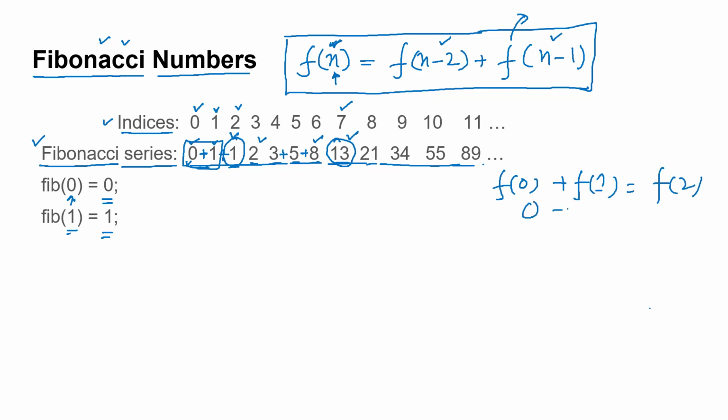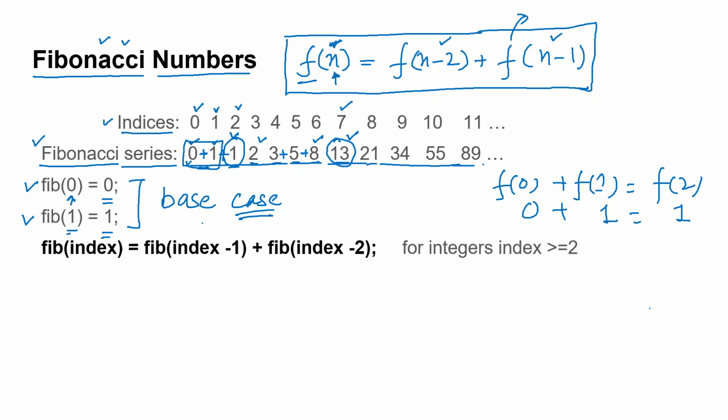This is 0, this is 1, so I know f of 2 is 1. So fib 0 and fib 1 are the base cases. In recursion, we do need something called a base case. In a Fibonacci sequence, we have two base cases, fib of 0 and fib of 1. When I say f or fib, please treat them as equivalent. Both refer to the Fibonacci number in the Fibonacci series or sequence.